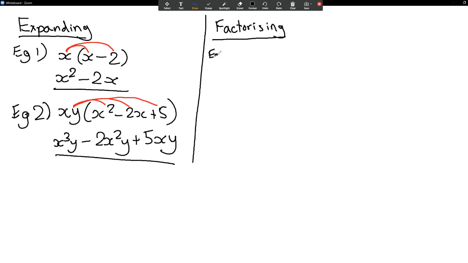So instead of multiplying out each term in the brackets with a single term, we take out a common term or a common value from all the terms. So if we had something like 2x squared plus 4x, what we can do is we can take out the common factor.